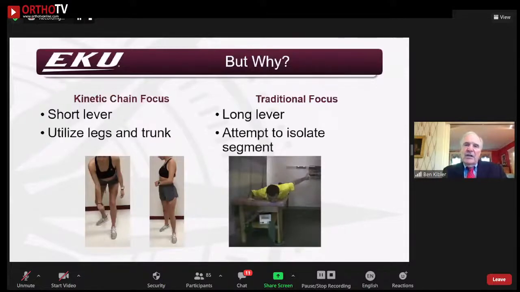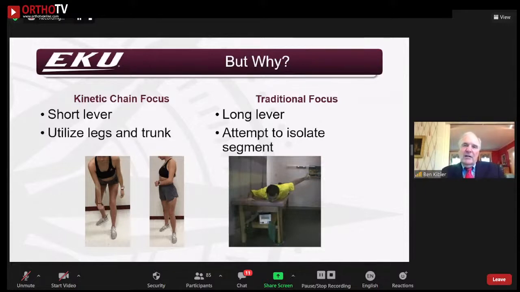We use kinetic chain focus with short lever arm, keeping the arm close to the body when we first start, using the legs and trunk to drive, especially in these diagonal three-dimensional patterns. There's many, many ways of doing this. Now, you'll need eventually to go to long lever arm, but you do not start there. You start with the short lever arm, and you do not try to isolate the segment.